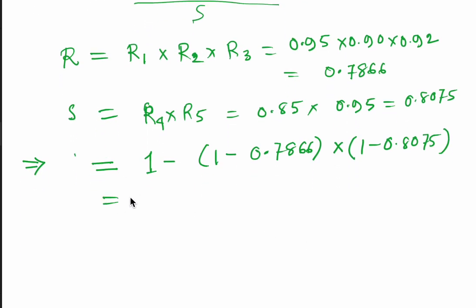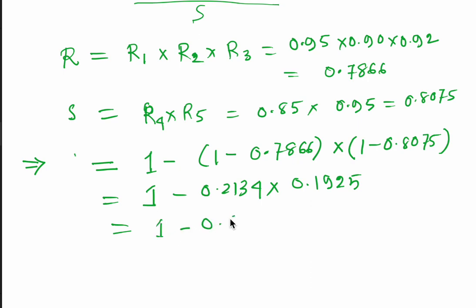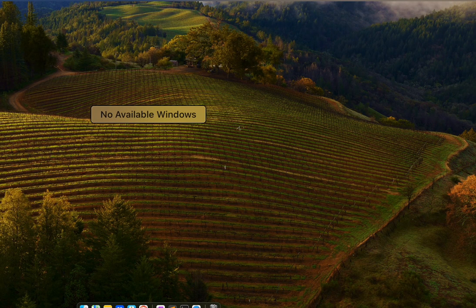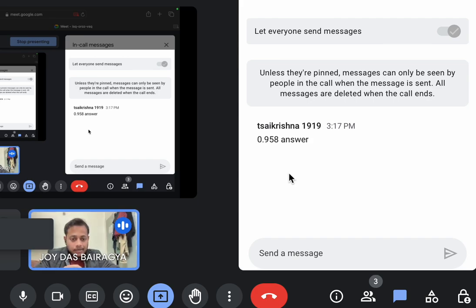So this is basically 1 minus 0.2134 into 0.1925, and that is 1 minus 0.04107995, which is equal to 0.9589, and so the reliability of the whole network is 0.9589. So you are correct. The correct answer is 0.958.